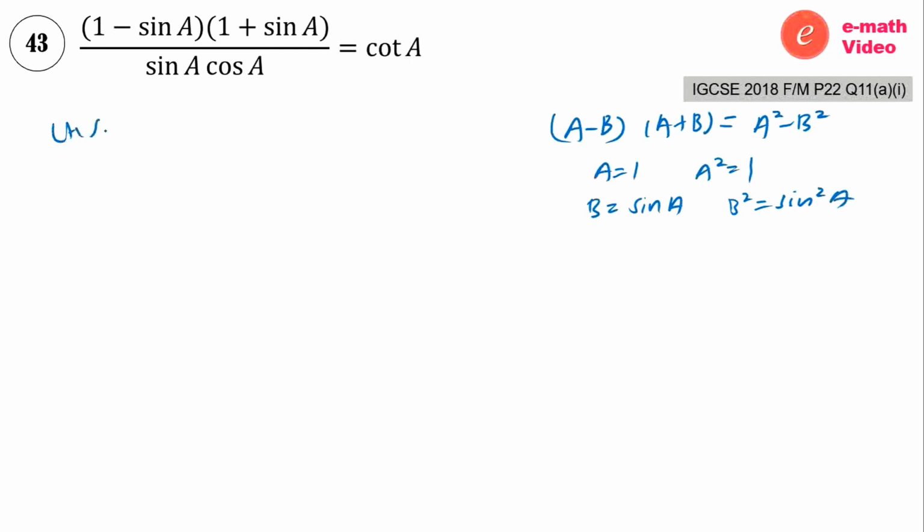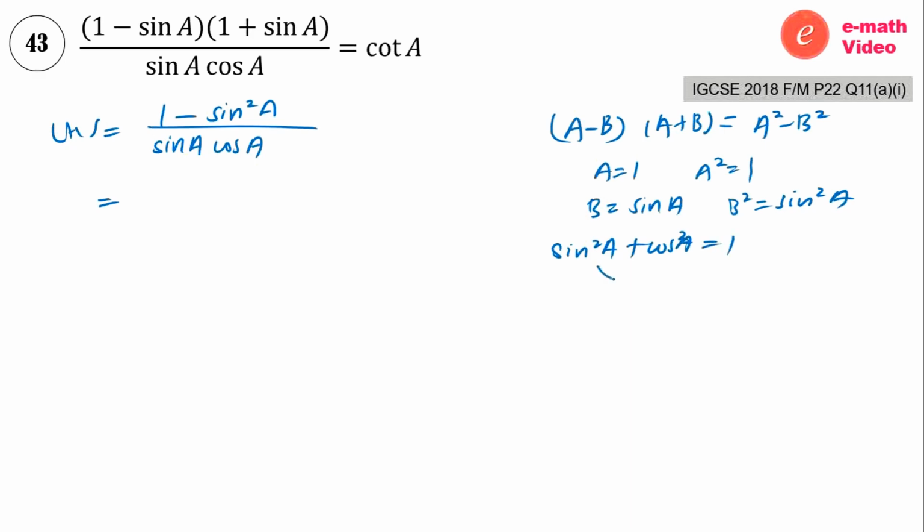On left hand side, we have 1 square is still 1 minus sine square a over cos a over sine a cos a. Okay? On top, see, is basic identity. Sine square a plus cos square a is 1.